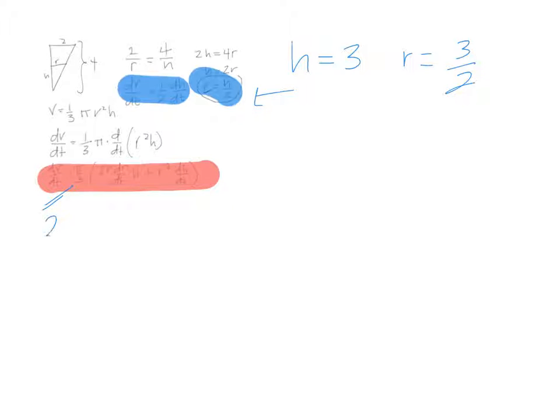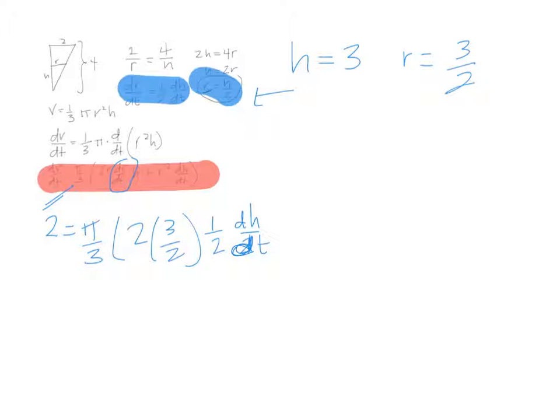So this becomes 2 equals pi over 3 times 2, and I now know r is 3 over 2, and I now know dr over dt is 1/2 dh over dt. Apologize for that.